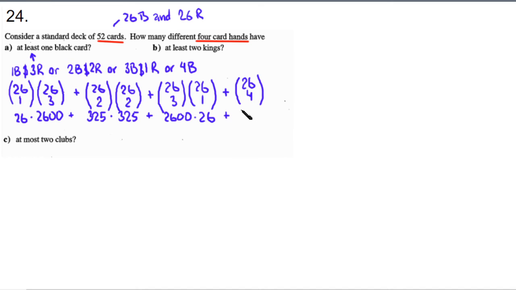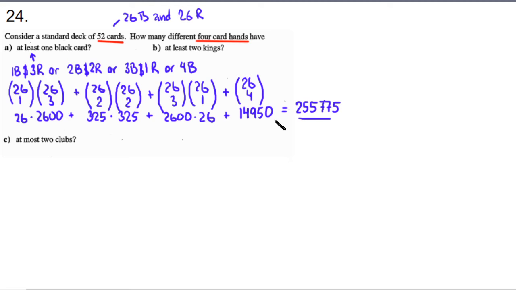And finally, 26 choose 4 is 14,950 different ways. So we just evaluate this, and we are going to get 255,775 different 4-card hands where we have at least 1 black card. Okay.